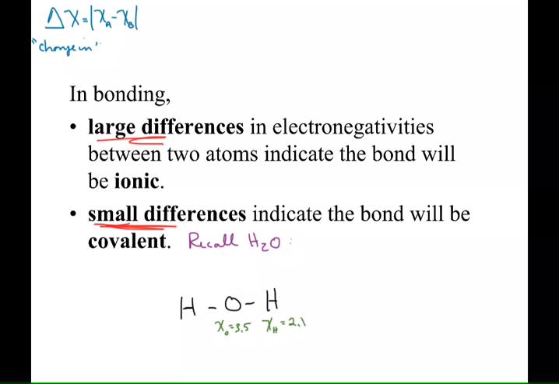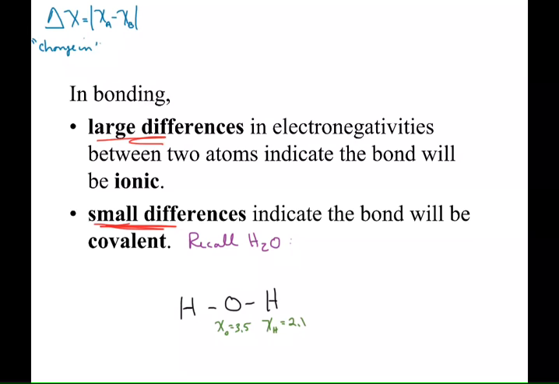So back to our water. I want to isolate that covalent bond there on the right. If you go back to the previous slide, you'll find the electronegativity value for oxygen is 3.5 and for hydrogen is 2.1.